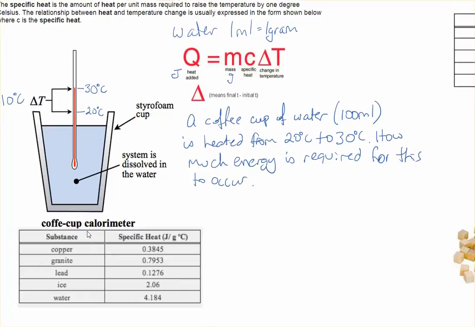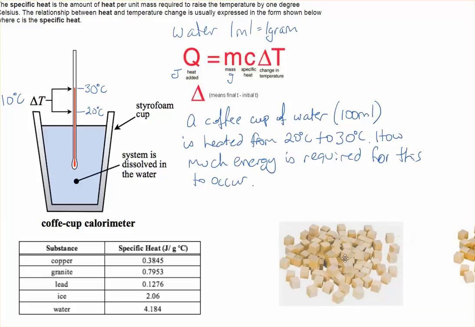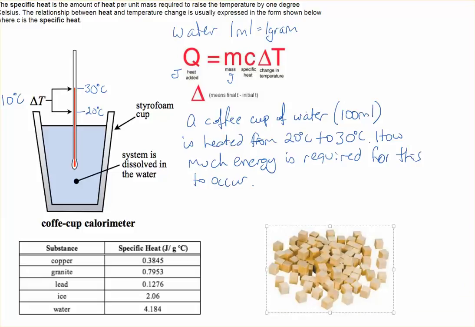Each material actually has a different amount of energy that's required to heat up 1 gram of it by 1 degree Celsius. If I get something like these MAB blocks that I've got over the side here, this one block here is 1 mil or 1 gram, as we said before.